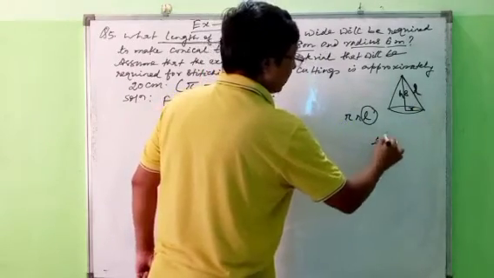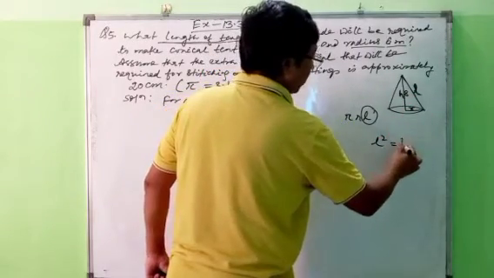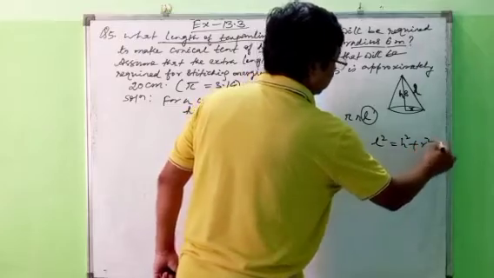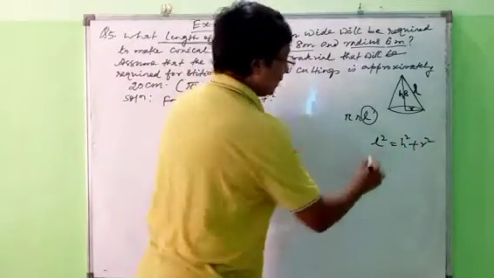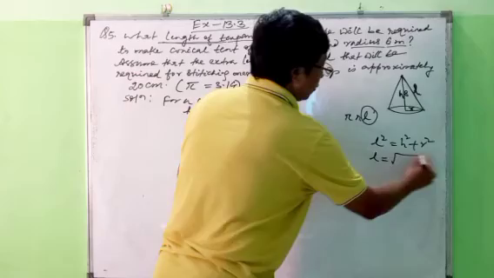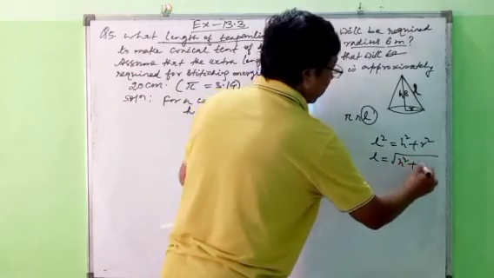Here L square equals h square plus r square. So to get this L, L equals root over h square plus r square.